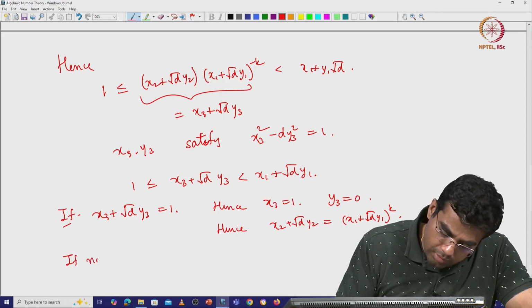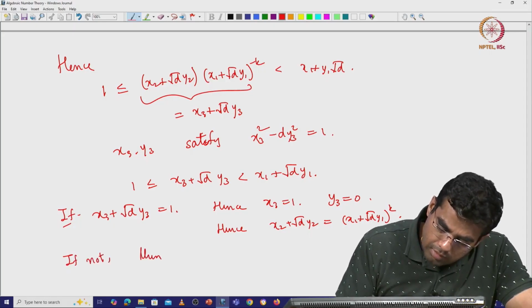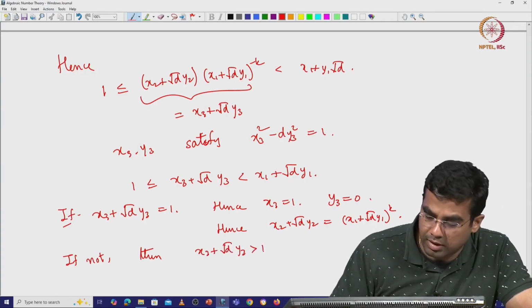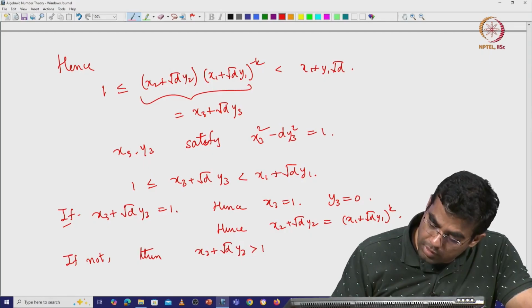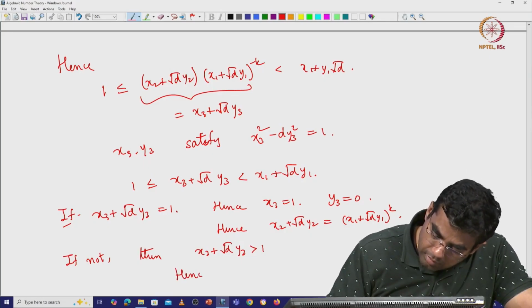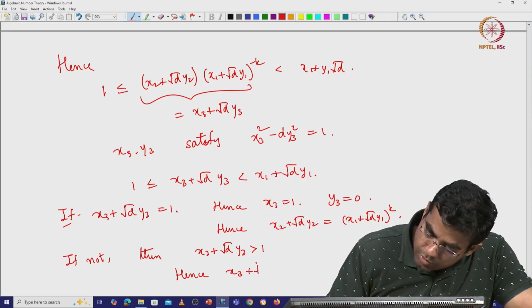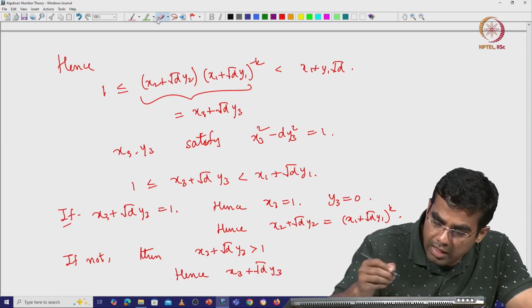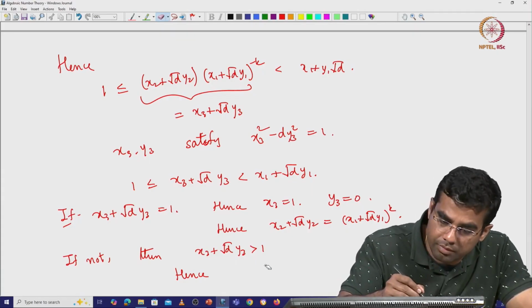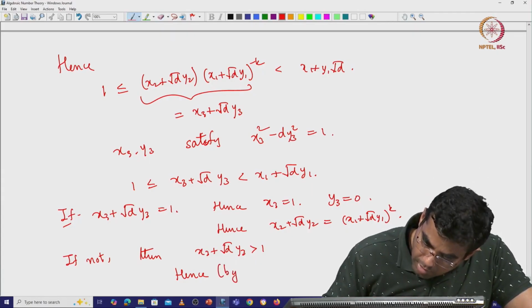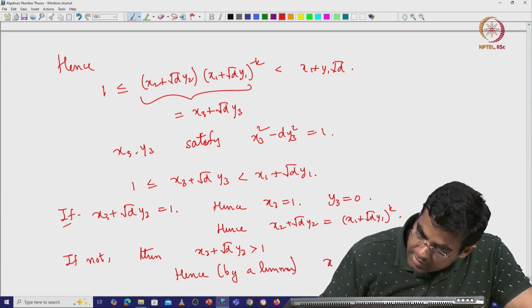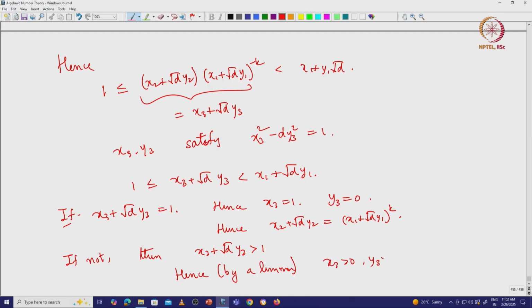If not, then x3 plus square root of d y3 is bigger than 1, right, which means by a lemma proven earlier, x3 is bigger than 0 and y3 is bigger than 0, right.